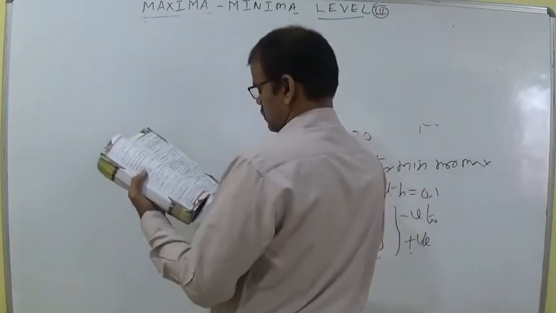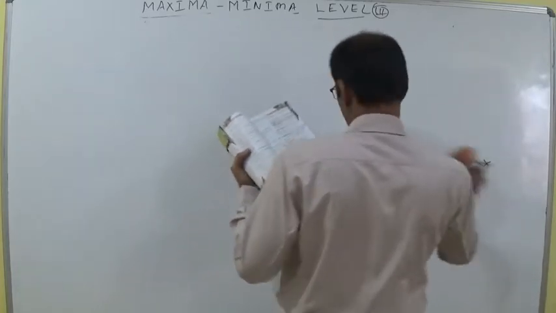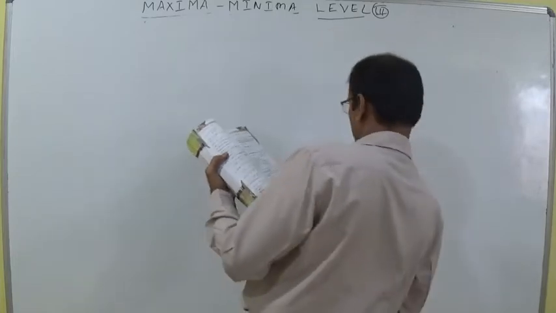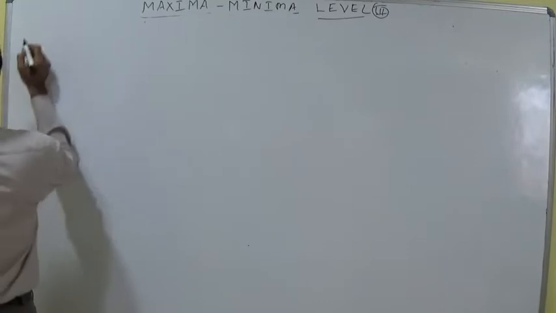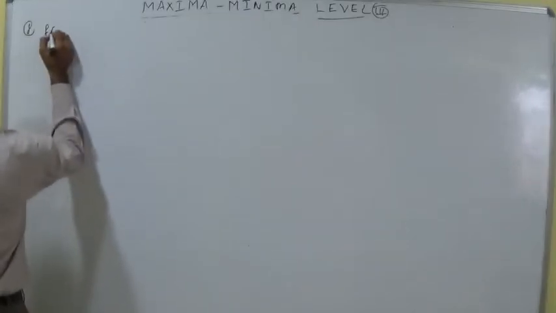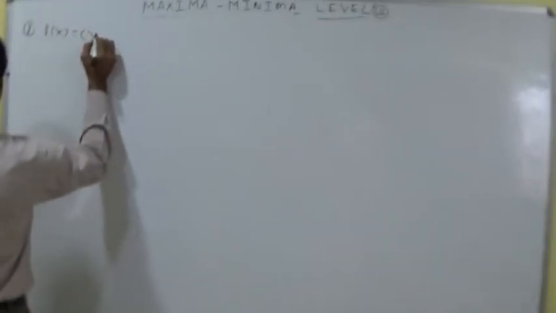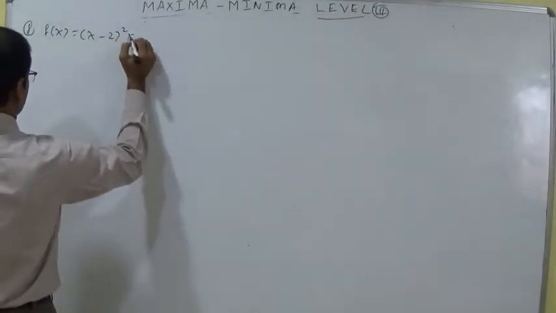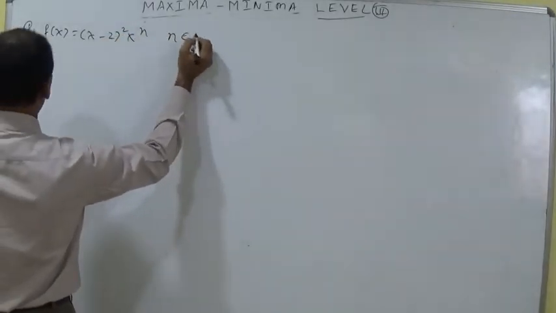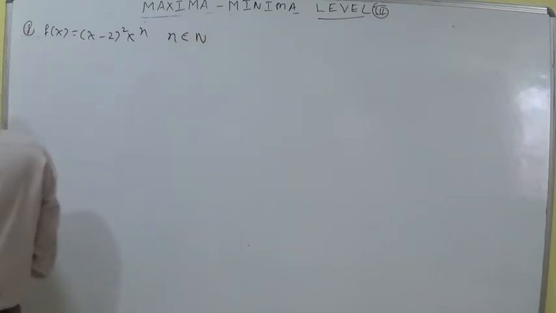F of x is equal to x minus 2 whole square, x minus 2 whole square into x power n. N belongs to natural numbers is given. 8th one.